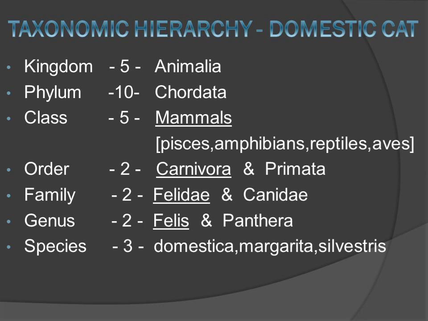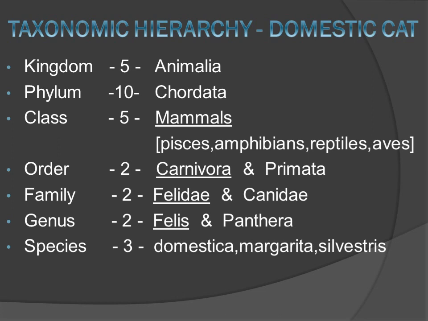Canidae means not only dog, jackal, fox, everything comes under the family Canidae. And now the cat is coming under the family Felidae. Okay. And this family Felidae consists of 2 genera. That is Felis as well as Panthera.